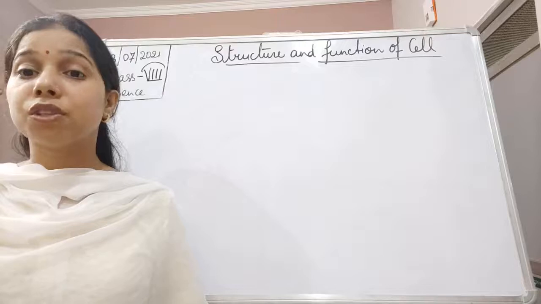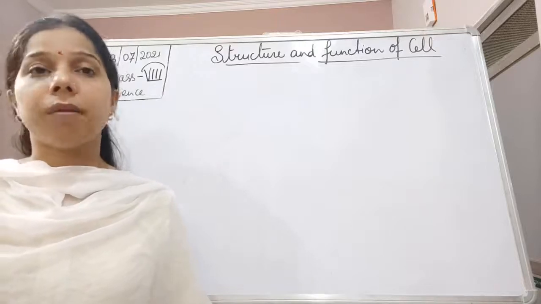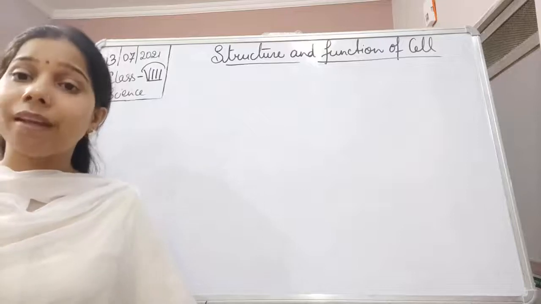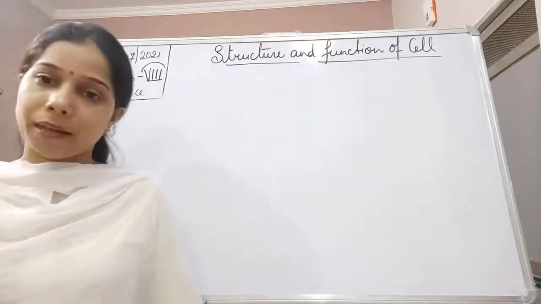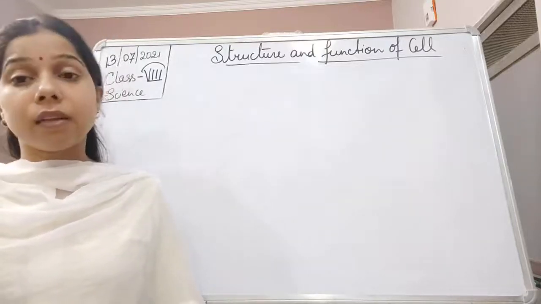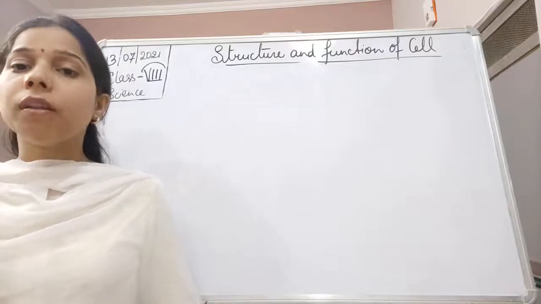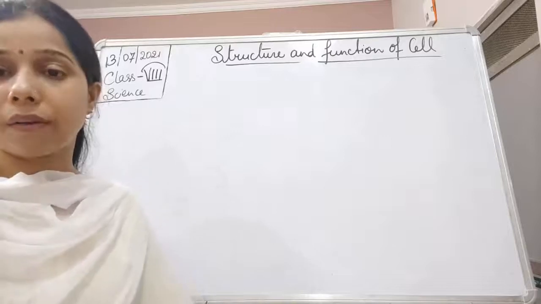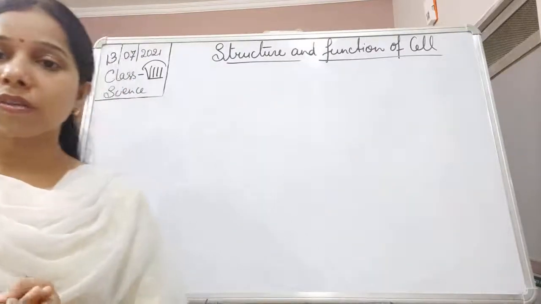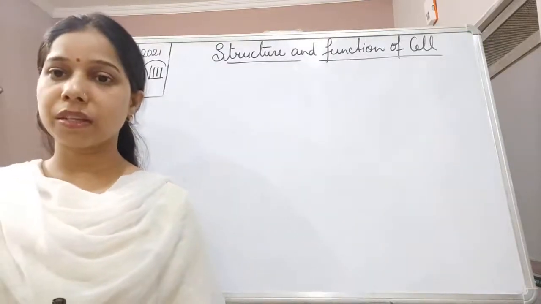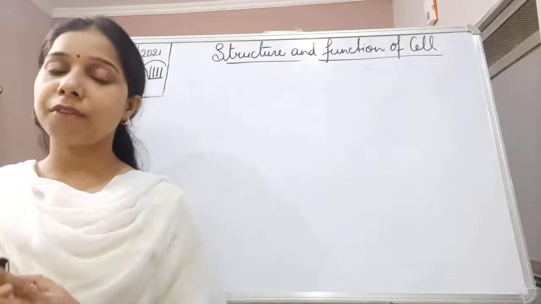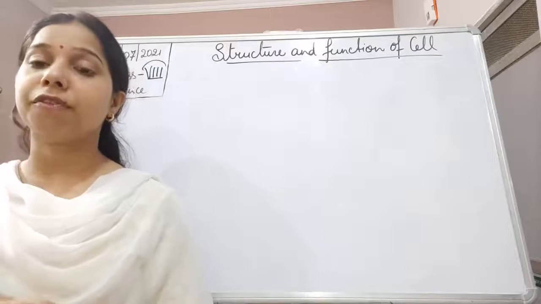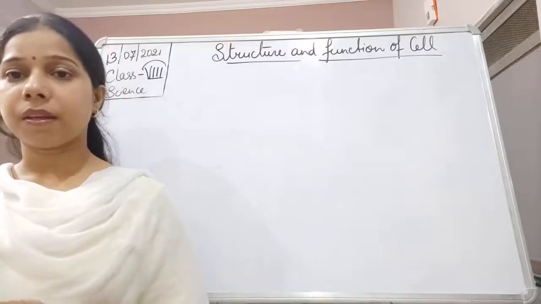Because it is responsible for synthesizing energy, and this energy is stored in the form of ATP in the mitochondria. It means the energy which is needed by all the parts of the cell is stored by mitochondria, and that will be used by the different parts of the cell.